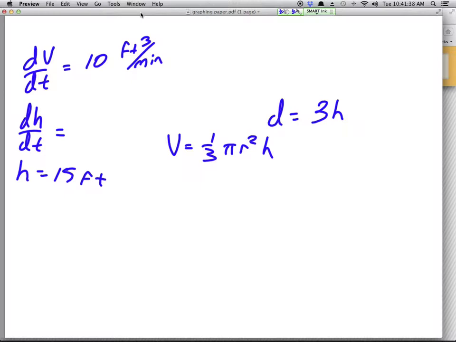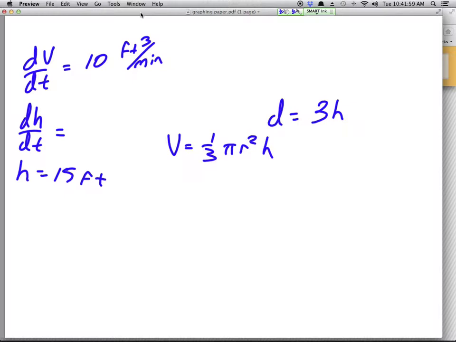Okay? And if you look at that equation, what's different about it versus the equations I dealt with yesterday? It does have an h on it, but what's different about the right side versus the right side of yesterday's stuff?